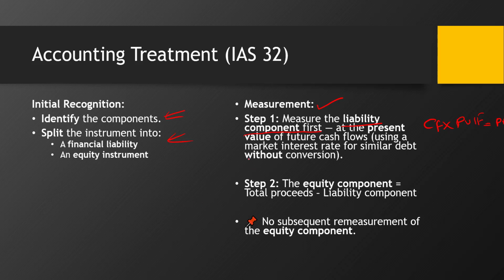From there, we go to step 2, where we take the total proceeds minus the liability component, and that will give us the equity component. So there is no subsequent remeasurement that is required.